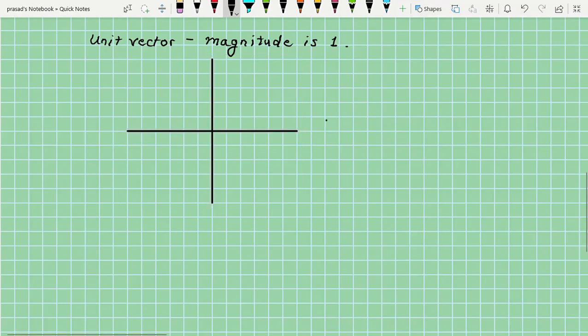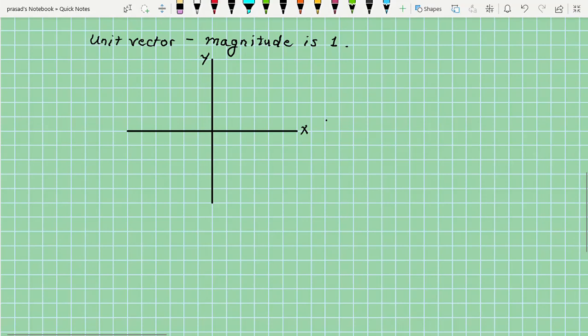This is the x-axis and this is the y-axis. A unit vector that is in the positive x direction will be taken as the i vector.